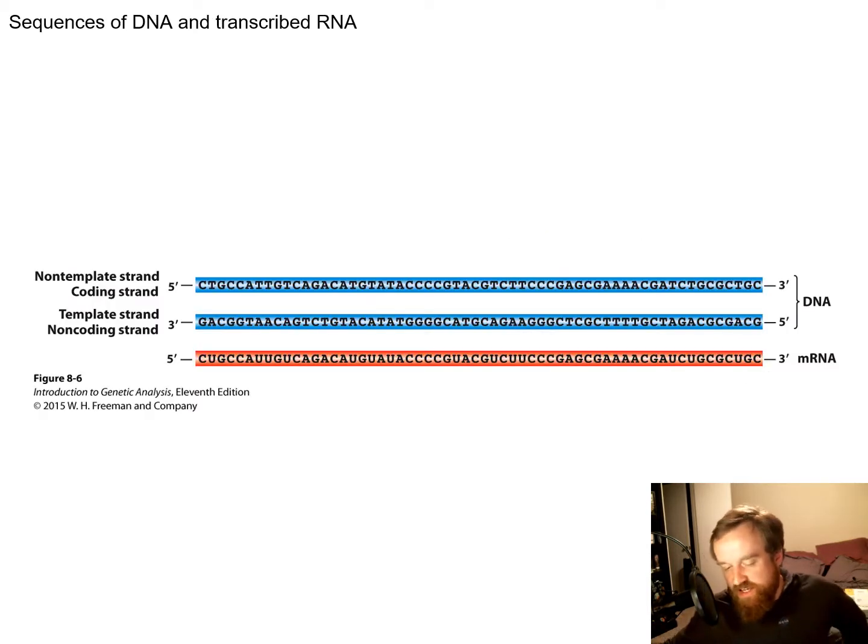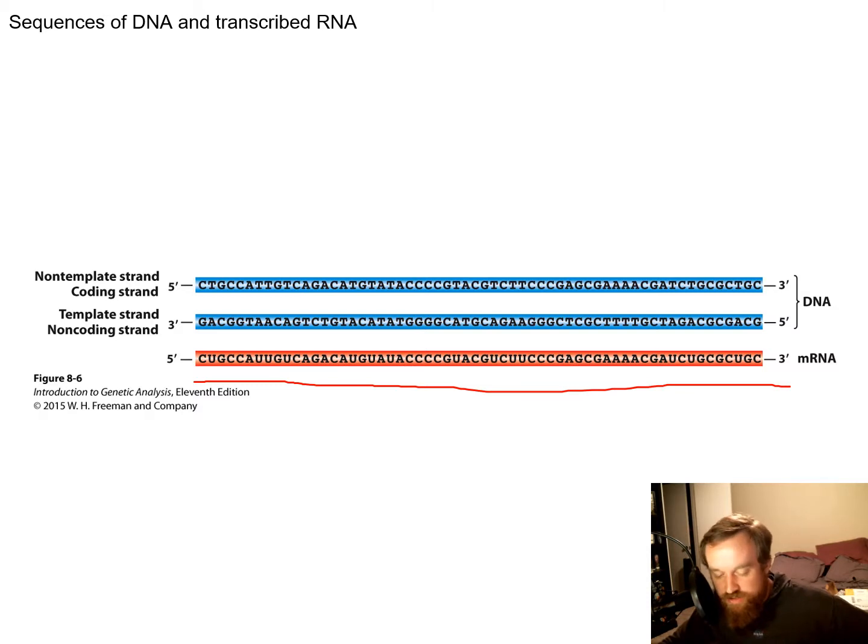So here is a double-stranded sequence of DNA that we have anti-parallel to each other, and we have a transcribed piece of RNA, which is on the bottom here. And as you can see, the transcribed piece of RNA is from the 3' to 5' direction of this strand, and it is the complement of every base pair.